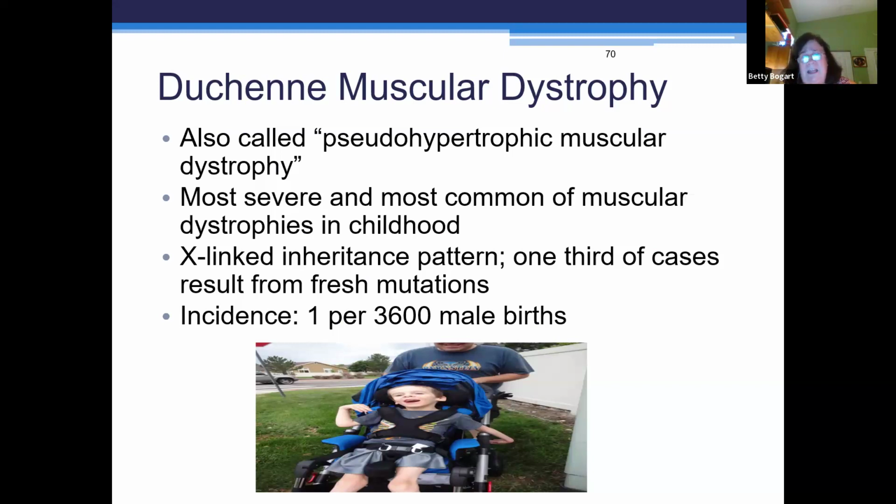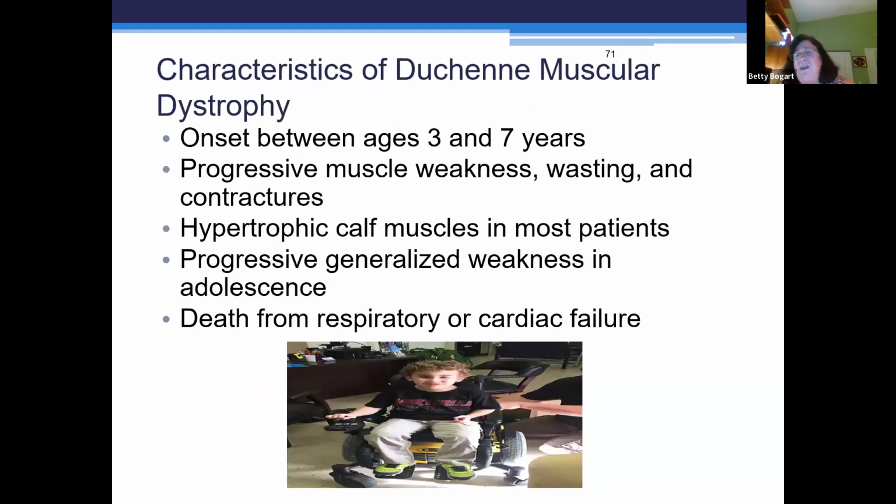It's the X link that gives them that mutation. It is males ages 3 to 7 that usually get it. Now, when these kids are walking, they've got hypertrophic or big calves and big upper arm muscles. You'll see that in them, okay?